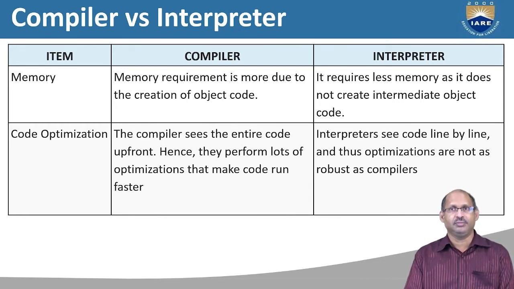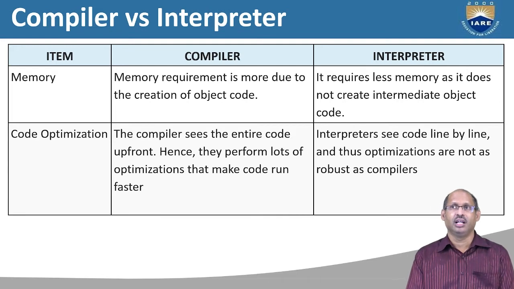Code optimization: the compiler sees the entire code at a time, so it can modify and update the code such that the resultant code will run faster. When you consider the interpreter, it reads code line by line, so optimizations are not possible.